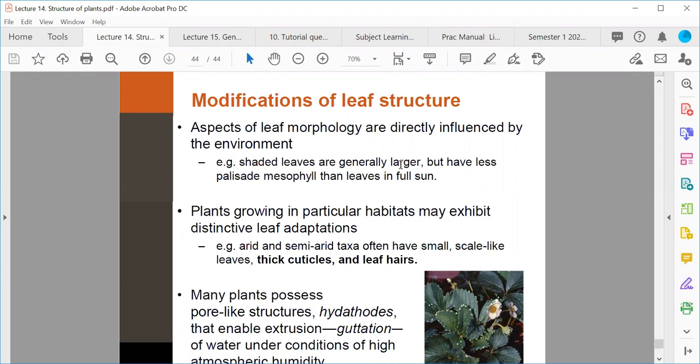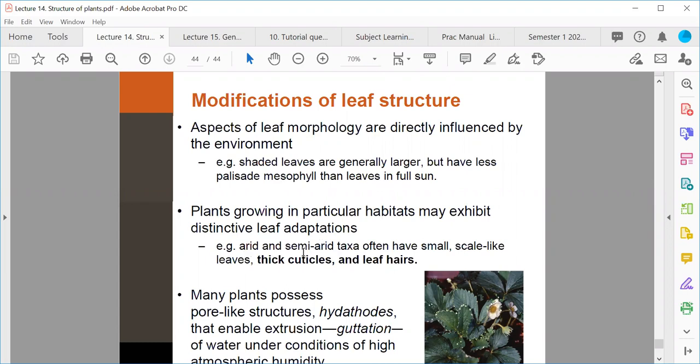Shaded leaves also tend to have a very thin cuticle layer compared to leaves that are grown in full sun. But also they're structurally different in the type of photosynthetic mesophyll cells that they contain. Plants growing in particular habitats can also exhibit distinctive leaf adaptations.